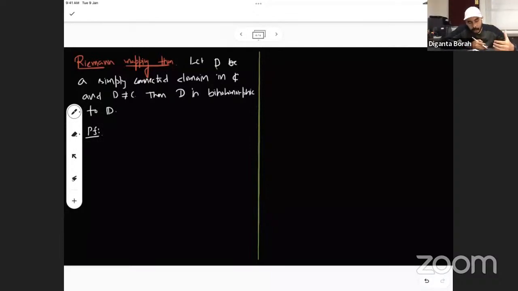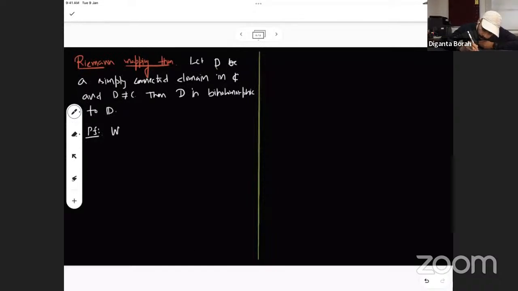By considering the square root function, we can map D conformally to a domain whose complement is large, so a disk fits inside that, and then you consider the inversion along that disk, which takes the domain inside the disk. So you can always map it conformally to a bounded domain, and so we'll assume that.